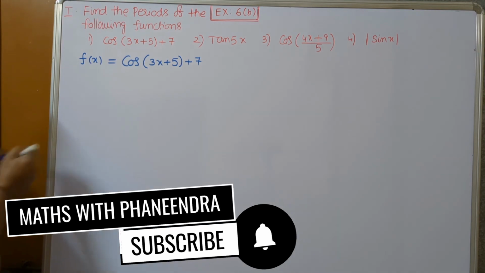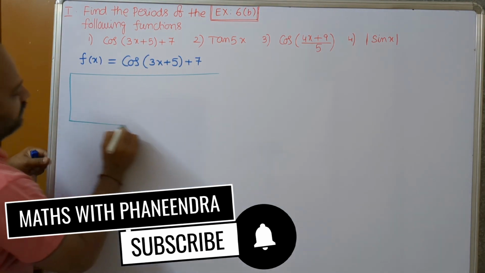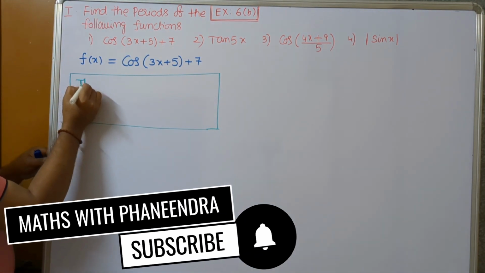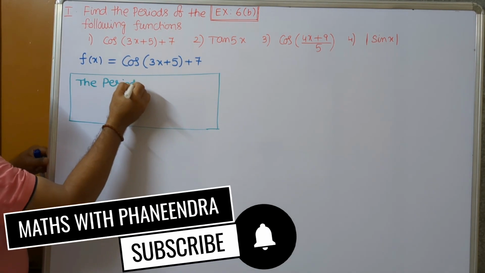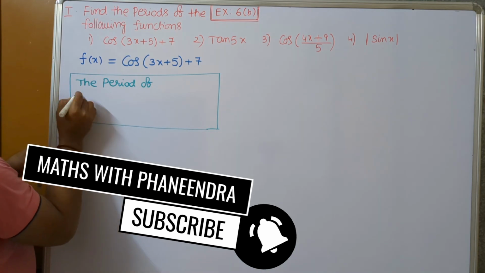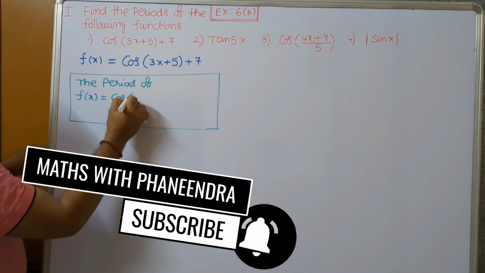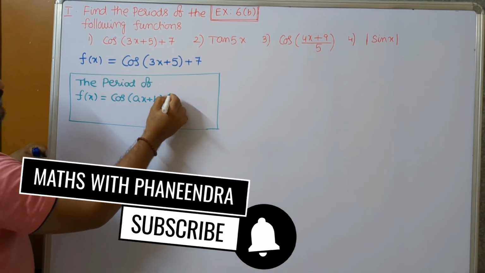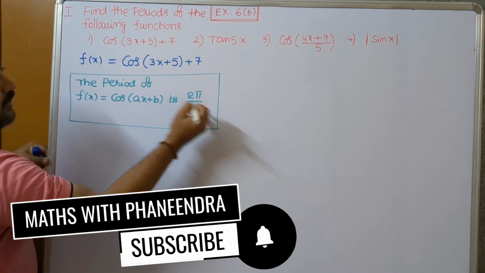We know that the period of f of x equal to cos of ax plus b is 2 pi by mod a.